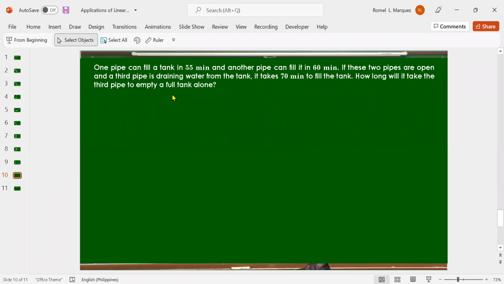One pipe can fill the tank in 55 minutes, and another pipe can fill it in 60 minutes. If these two pipes are open and the third pipe is draining water from the tank, it takes 70 minutes to fill the tank. How long will it take the third pipe to empty a full tank alone? Okay?